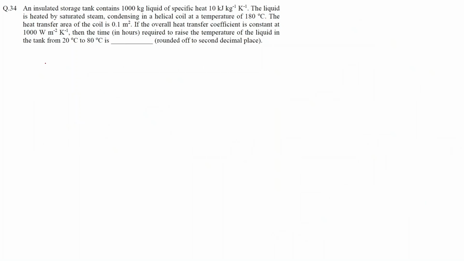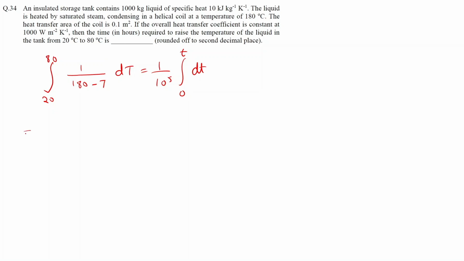Now we will be integrating this equation to find the temperature variation with time. Initially the temperature was 20 and finally it becomes 80. So at 20 we consider time as 0, and we have to find the time at which the temperature becomes 80 degrees Celsius.